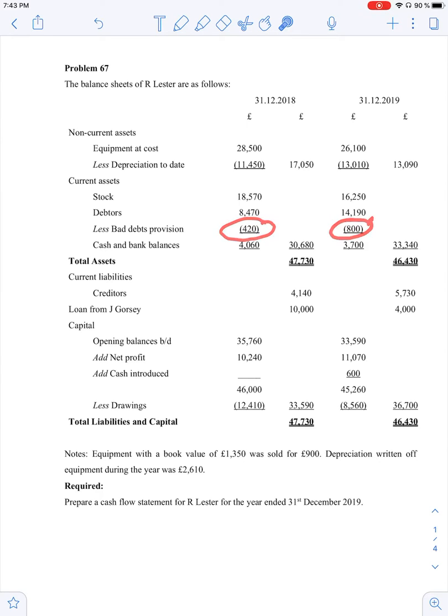And basically this difference in bad debt provision was already taken as an expense, was shown as an expense in the income statement. So we have to consider that non-cash expense from the income statement and add it back again, because bad debt provision is not something we will receive in cash for sure.